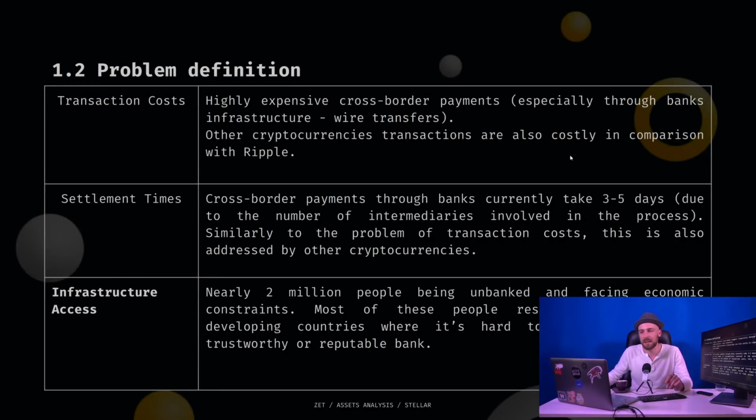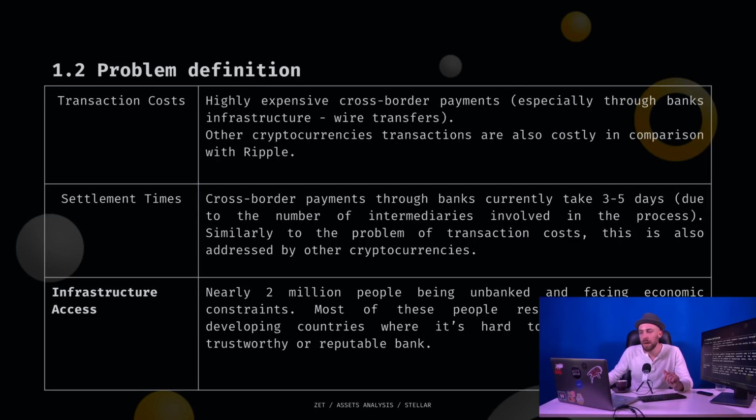What is next? The next is the problem. Let's see what problem Stellar is trying to solve. The first problem is transaction cost.